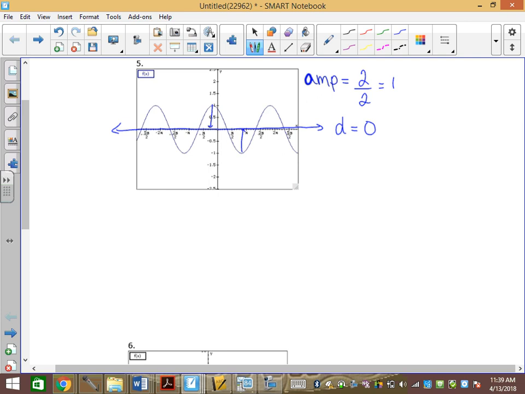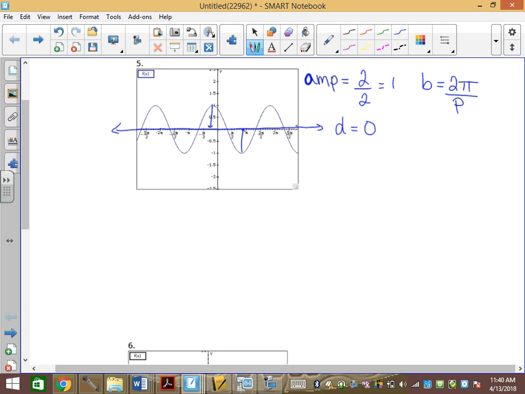You agree? The B value, we can't just pull a B value off a graph. But what helps us get the B value? The period, yes, and 2 pi. So B equals 2 pi divided by the period, or 360 divided by the period. We agree? When do we know if that B is 1? Remember, what is B in transformations?